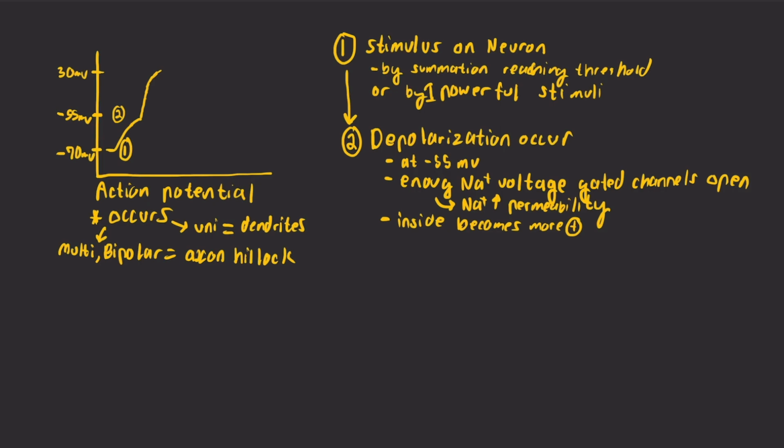Now that the inside becomes more positive, eventually the neuron's membrane potential will reach what I would call the peak potential. So that is what is happening here. This will occur at positive 30 millivolts.